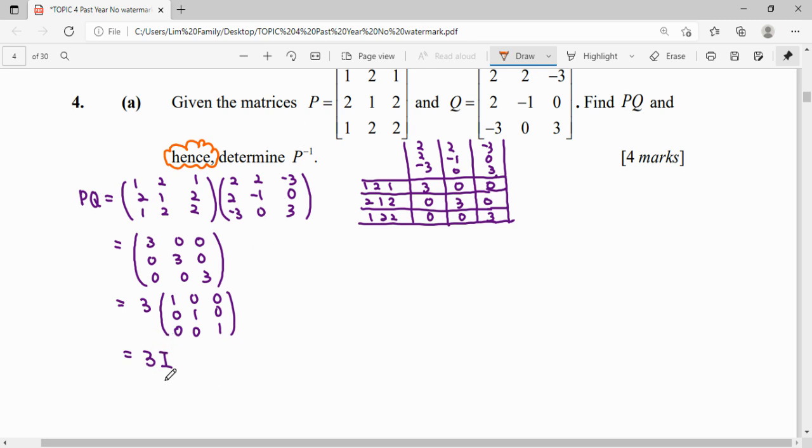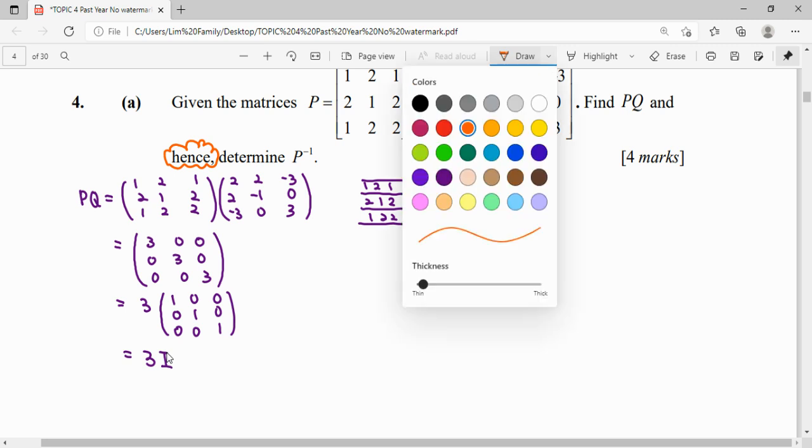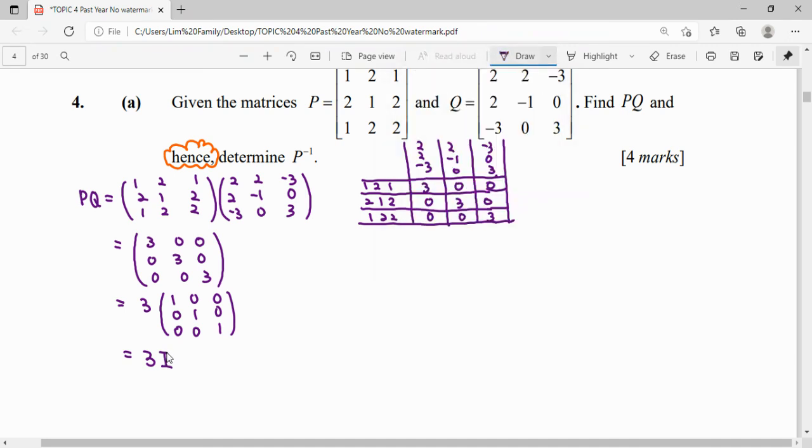So when we see the identity, it means we are going to find the inverse of P using properties. Start with PQ equals 3I. When we want to find P inverse, we multiply P inverse in front of the matrix, skipping the number.